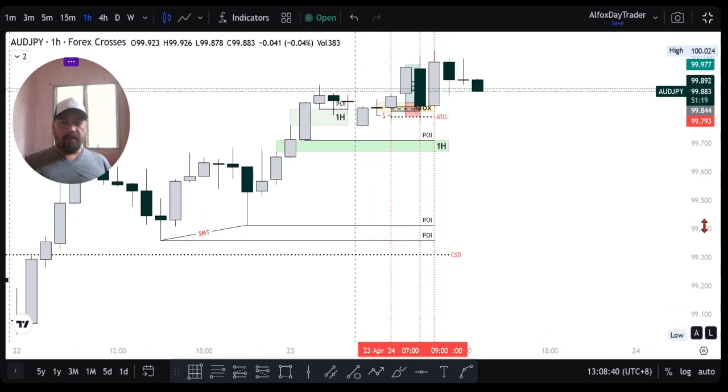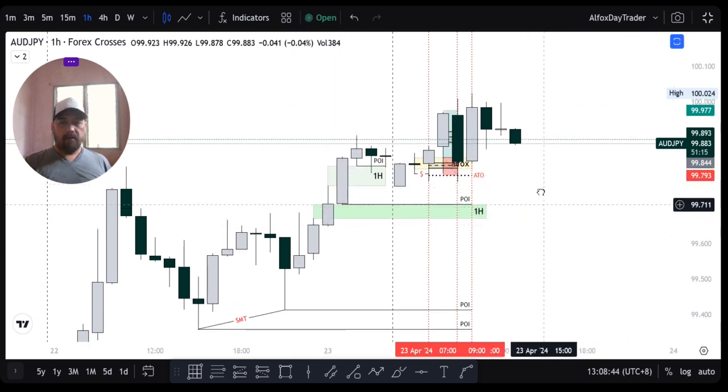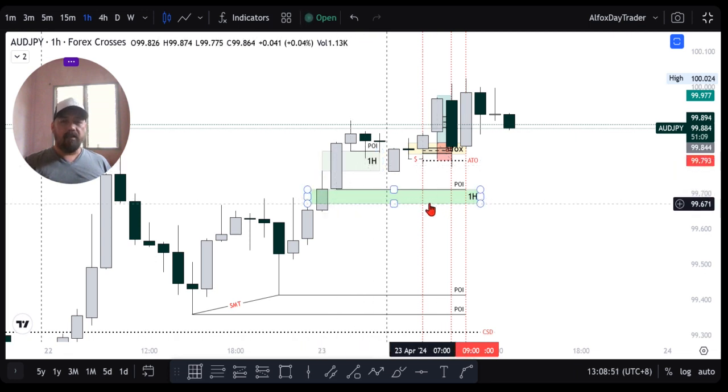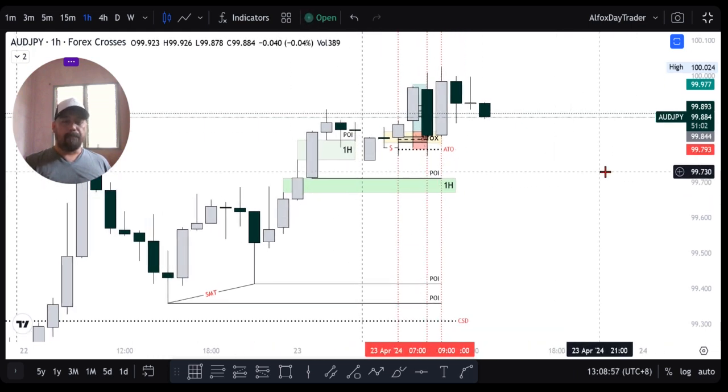During that time, we have our points of interest. One is here, we have our 1 hour FVG, and another one here. So these 2 points are the POIs for today.